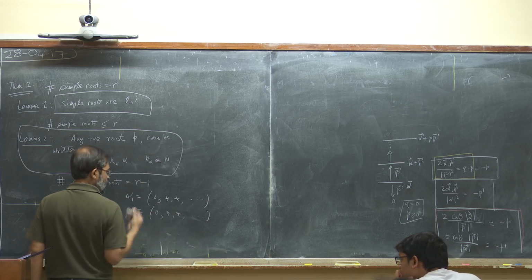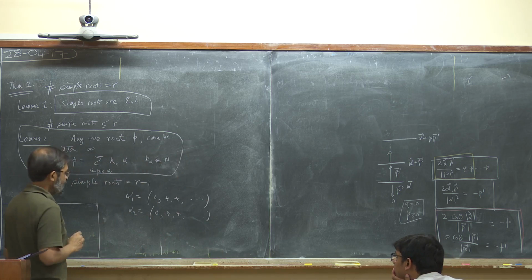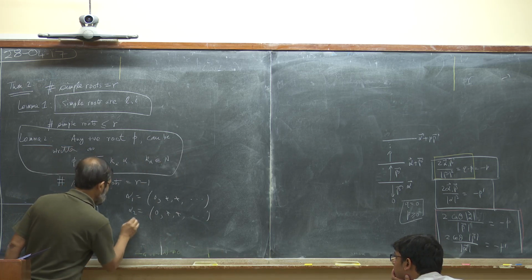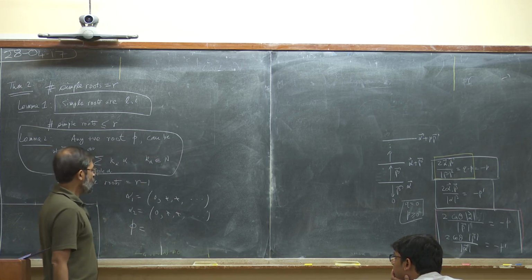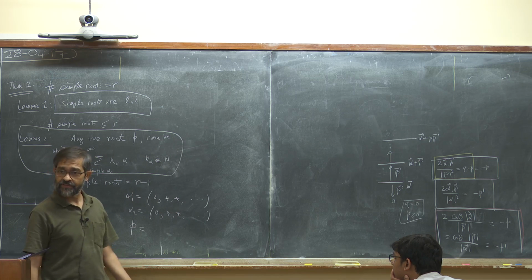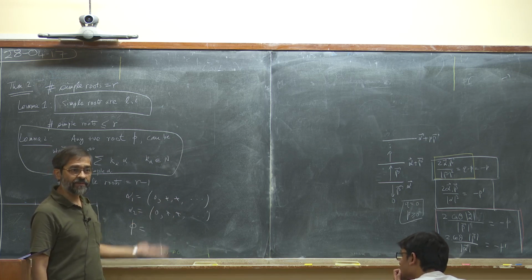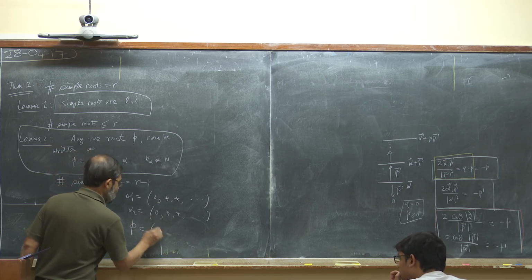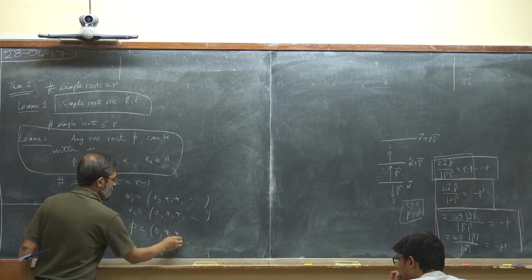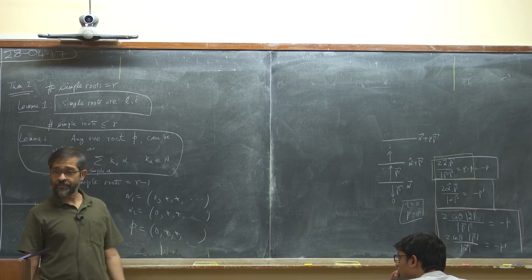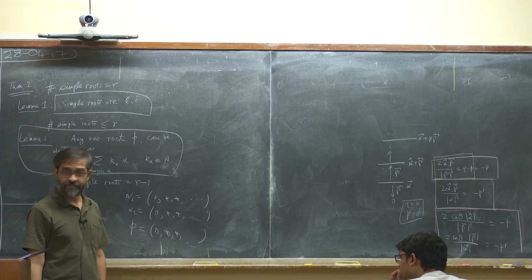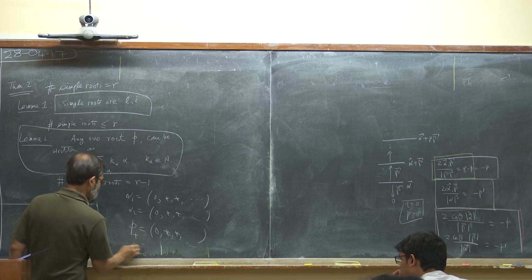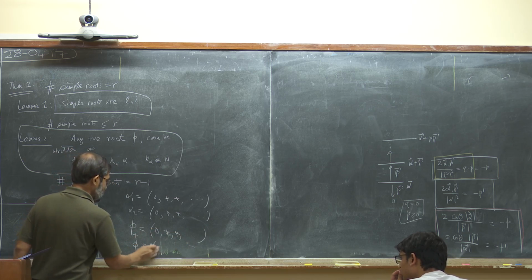So, therefore, all the simple roots are like that. Therefore, all the positive roots also are like this, because the positive roots are all integral linear combinations of these things. And therefore, all the negative roots are also like that.